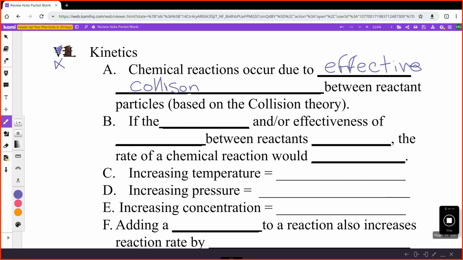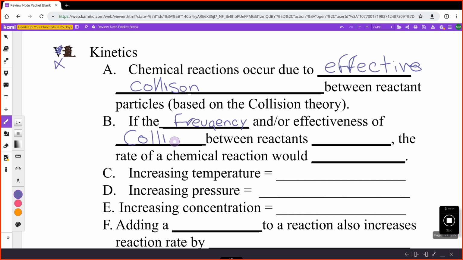So we can make reactions happen faster or slower by simply increasing the frequency of collisions. The more times a molecule collides, the more likely they are going to be effective. It's just basic probability. So the more frequently they collide, the better.